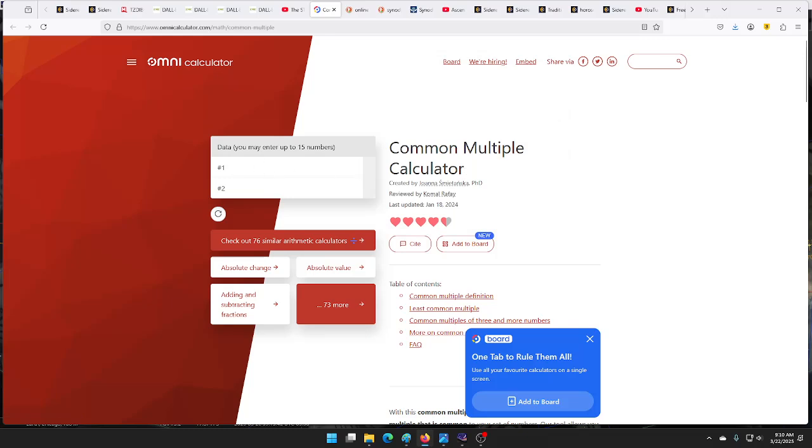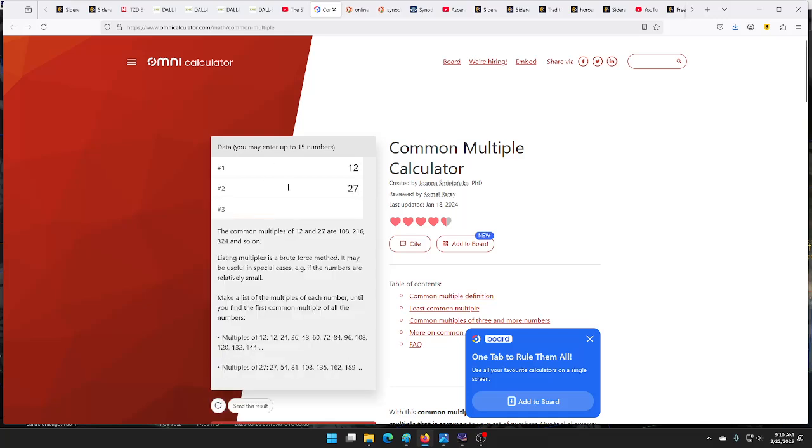If we put in 12, and here we put in 27, the result is the common multiples of 12 and 27 are 108, 216, that's interesting, 324, and so on.